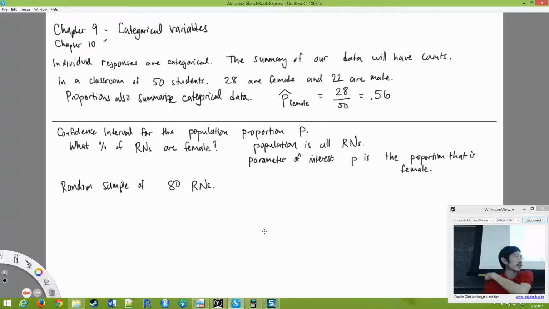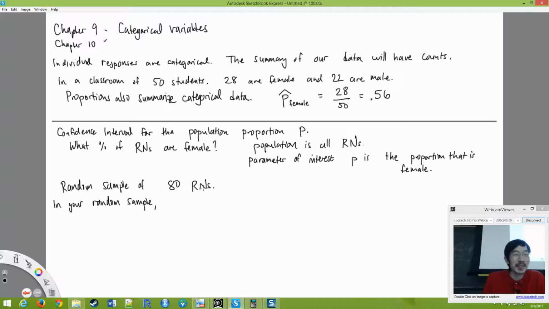In your random sample, how many are female? I don't want to get in trouble, but I feel like it's still very much female, the profession.